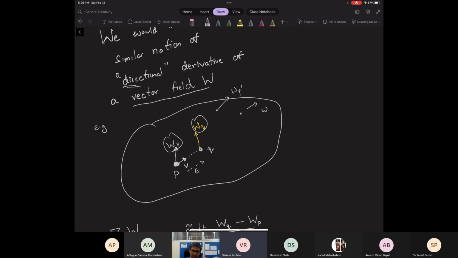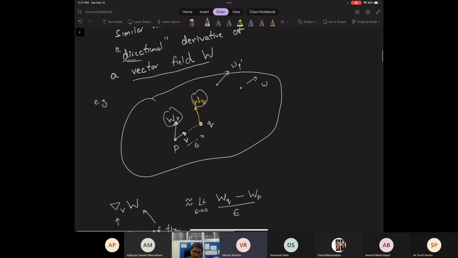Now we'd like to define a notion of a directional derivative. As I start at the point P and move from P to the point Q, how much is the vector at the point Q different from the vector at the point P?